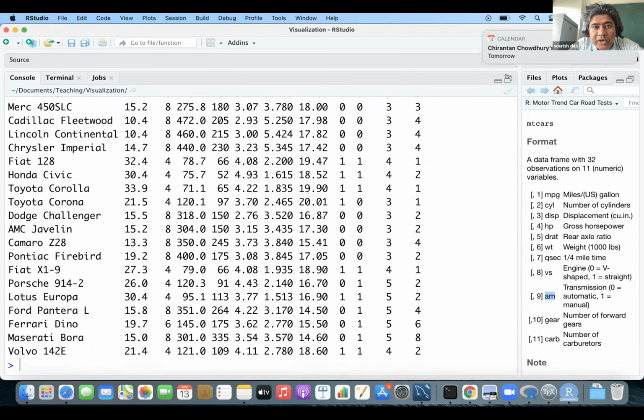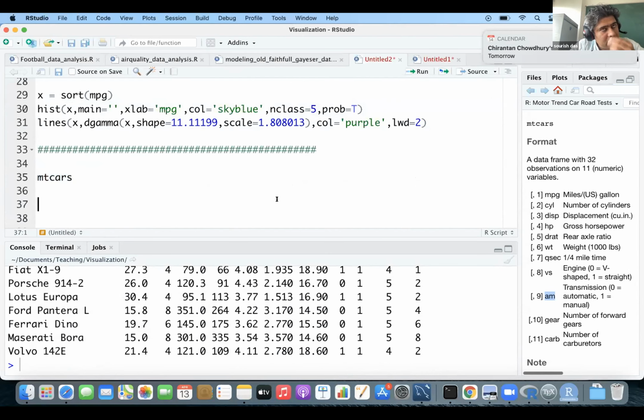So what we will do, we want to check whether transmission has an effect on the miles per gallon. So we will create two sub data sets.